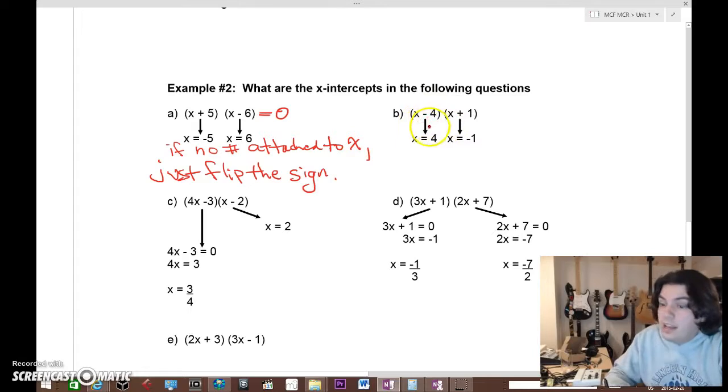But if, on the other hand, there is a value attached to x, you have to follow a different procedure. But let's look at this one again. If we want the function x minus 4 times x plus 1 equals 0 to find the solutions to, well, we can make that happen by flipping this sign when x equals positive 4, or by flipping this sign when x equals negative 1. And there you have it.